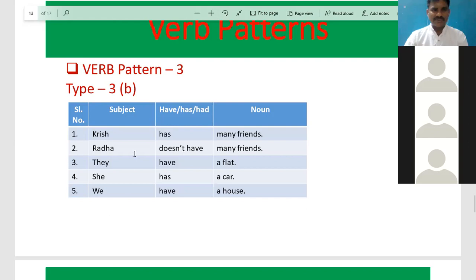Say another example, Lavanya. Lavanya has a scooty. These are also possessions. And Nandini has a Samsung J2 mobile.